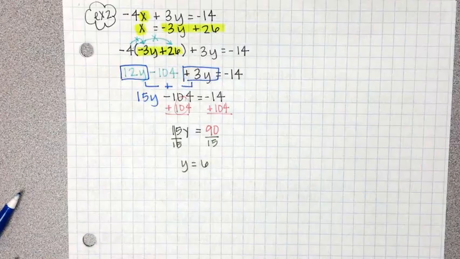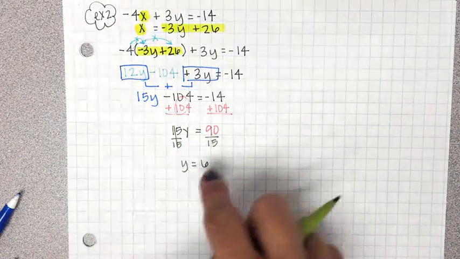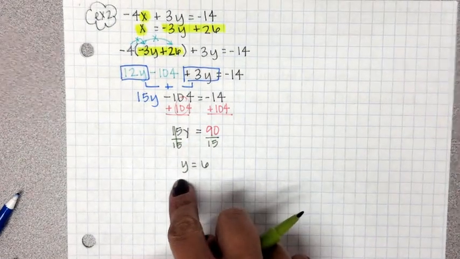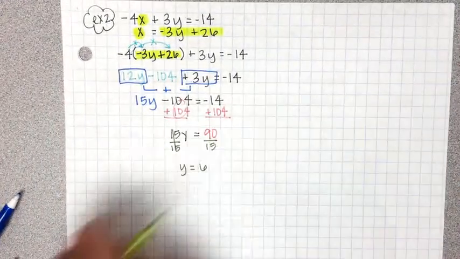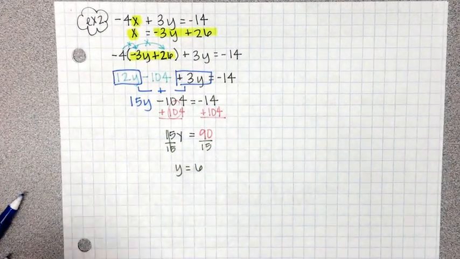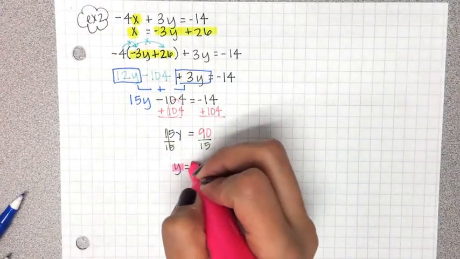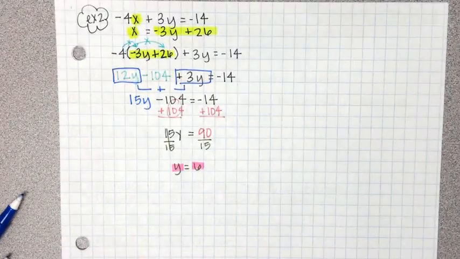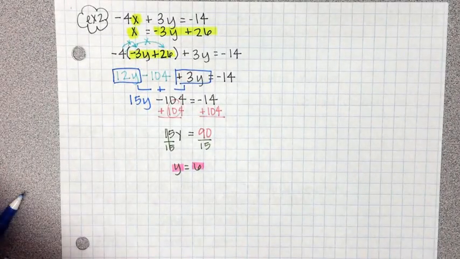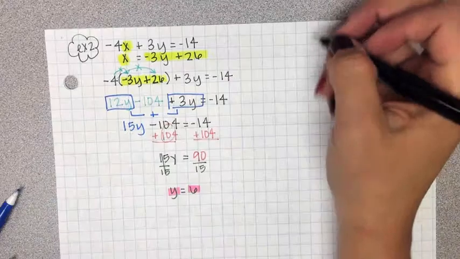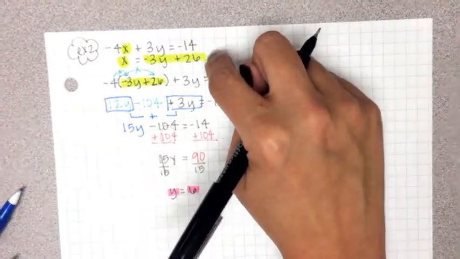That's just part of my answer. Remember, I have to find the other part by now taking this and substituting back in. So now I'm on steps 4, 5, 6. So now I have what my y equals. My y equals 6. So back in my original equation, and I like to use the one with the isolated variable.